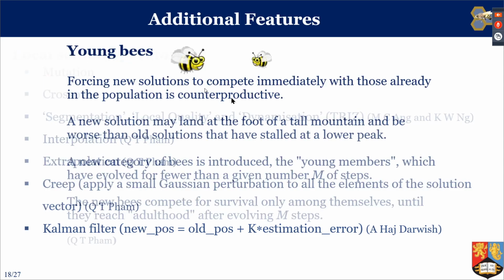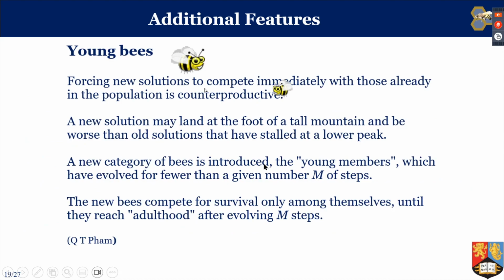Now, here is a very nice idea proposed by Tuan Pham, and this idea is based on the fact that when we create some new scout bees, they are not as strong as the established bees. And if you allow them to compete with the established bees, they will never win.